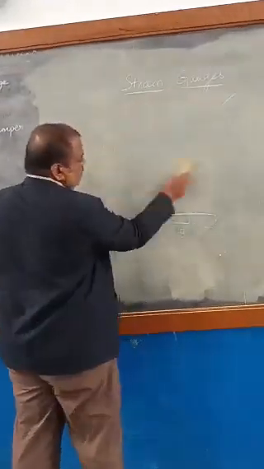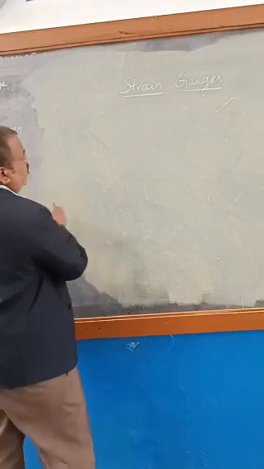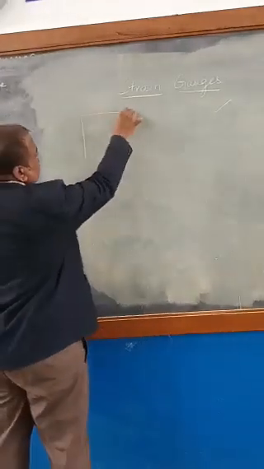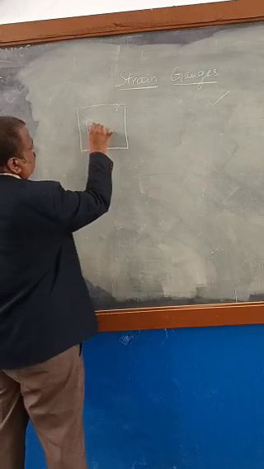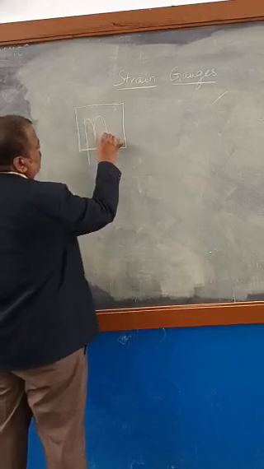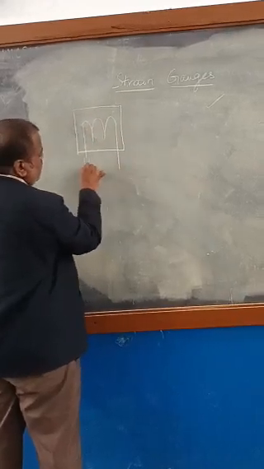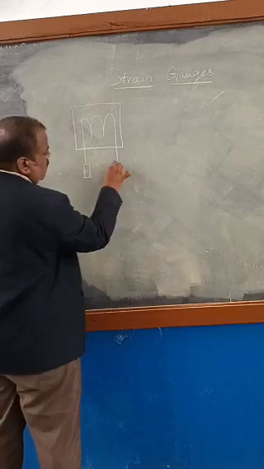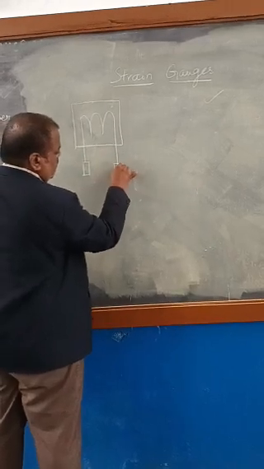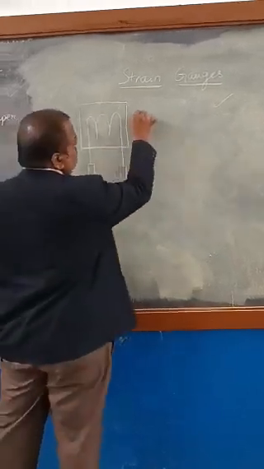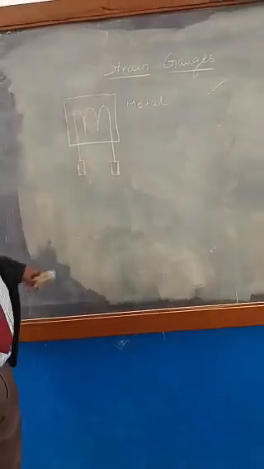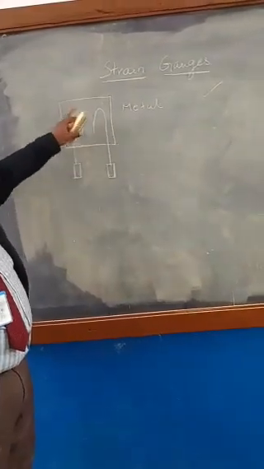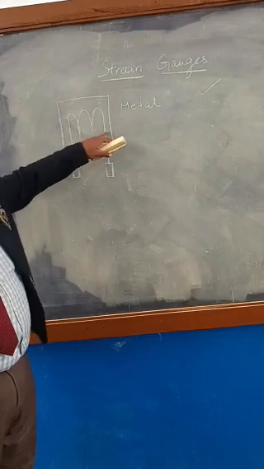Now we will see how the strain gauges measure the deflection. First, the metal wire strain gauge. This is the image of the metal wire strain gauge. When the wire gets deflected, it will produce electrical resistance.